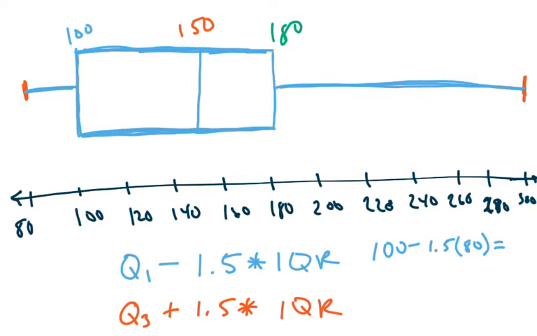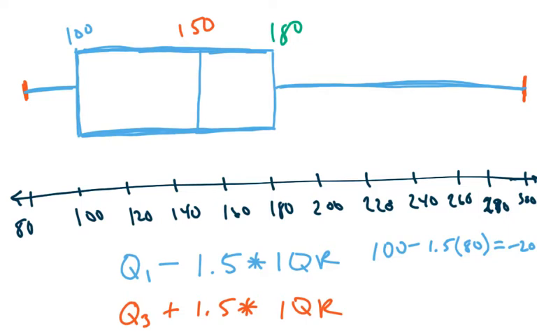So 100 minus 1.5 times 80 gives me negative 20. None of our prices were negative 20. They're not paying you to take a coffee maker. So we're good on that one.